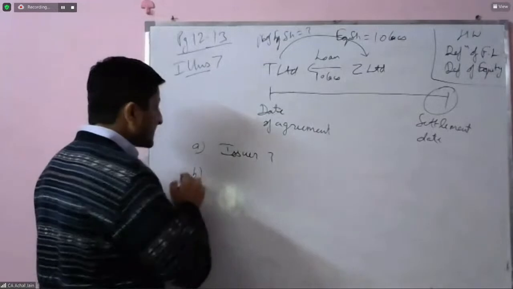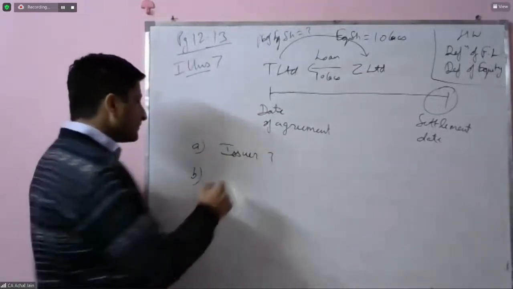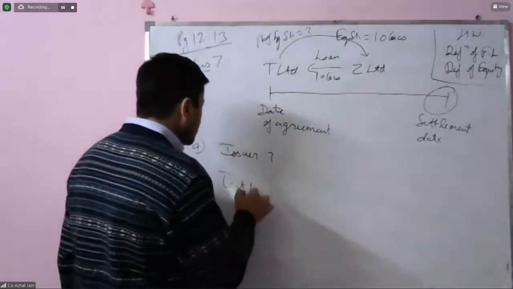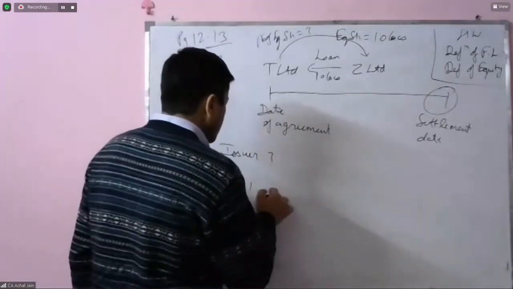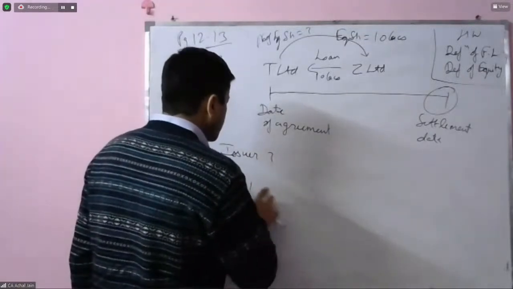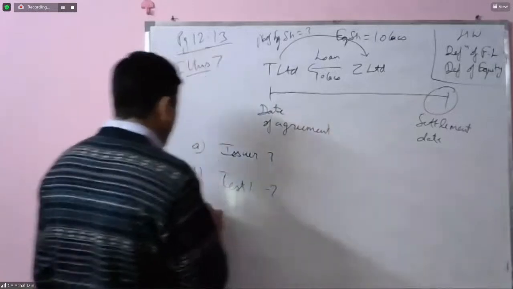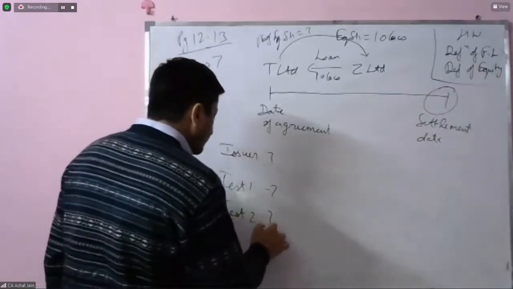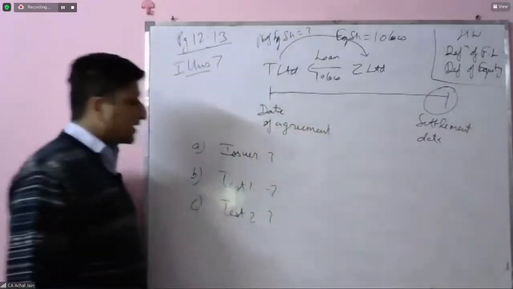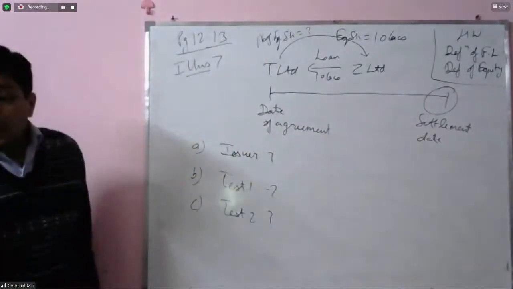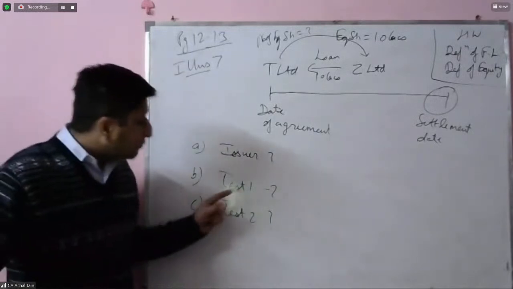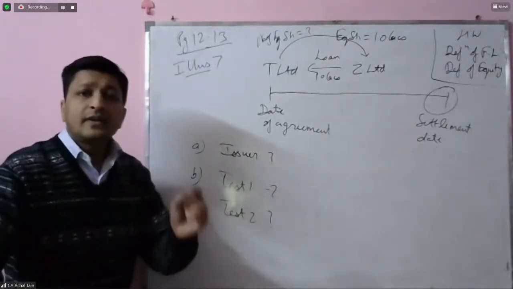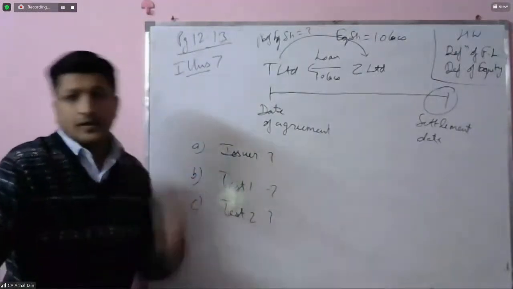My second question: as per test 1, what will it become, equity or financial liability? As per test number 2, what will it become, equity or financial liability? And you can also tell me whether both the tests will be required to be performed or not.